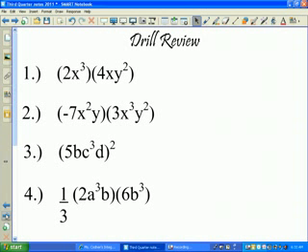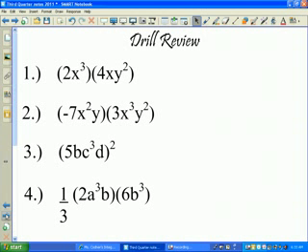And one of the things I wanted to do is just to reiterate what we did last time, which is the product of exponents. So looking at those product rules. If you notice with that 2x cubed for number 1 and that 4xy squared, we're multiplying.